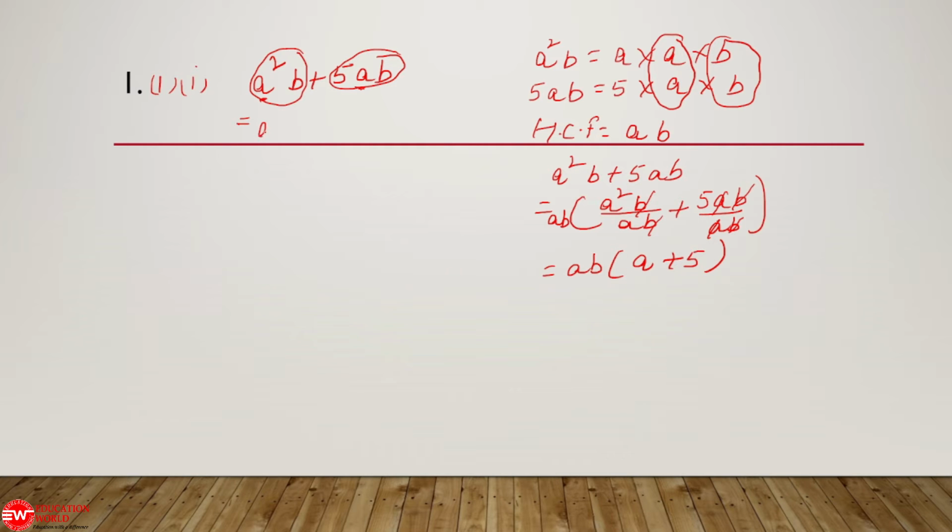The minimum power is always common. b power 1, here b power 1, so b is common. Out of 2 a's, 1 you have taken out, which means 1 is still left inside. 1 b you have taken out, so b is no more with this term. Similarly 5, we will write 5. a is common, we have written, and b is common, we have written.